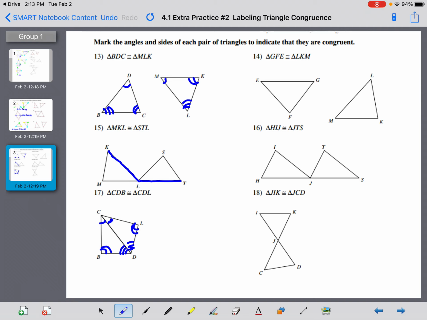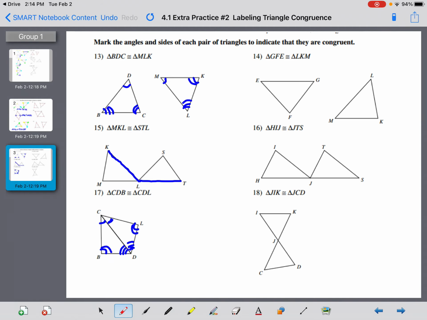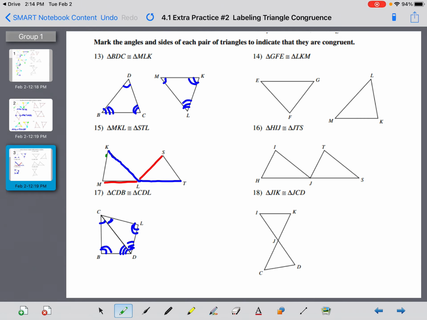KL and LT are the same. Then we're going to show you that ML and SL are the same. Right, and KM and ST will be congruent.